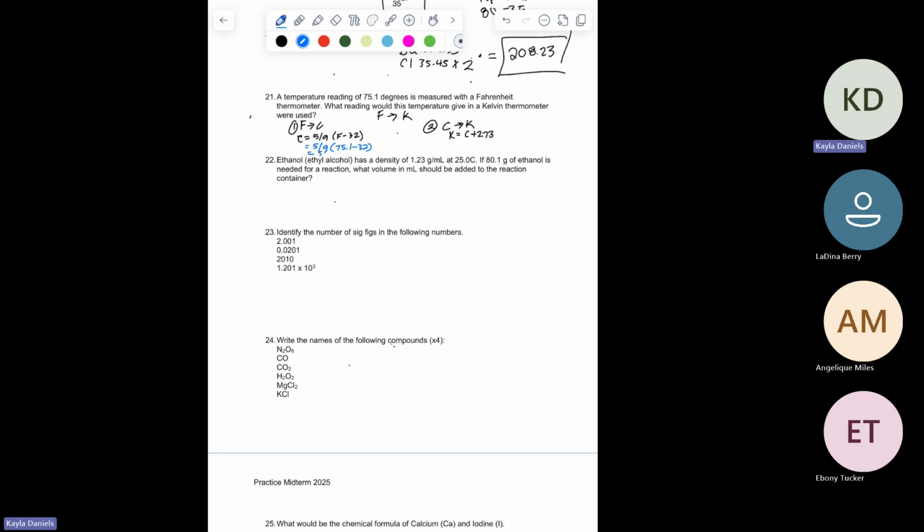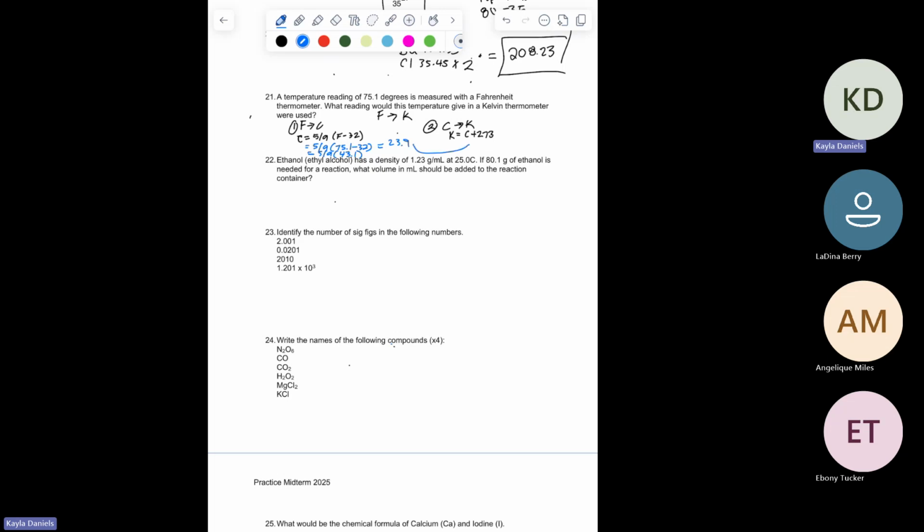So I would type in my calculator 75.1 minus 32, close parenthesis. What is going on? Oh, don't put a parenthesis if you didn't start with one. Okay. So in my parentheses, we got now 43.1. So now I want to times that by 5/9, and I got 23.9.